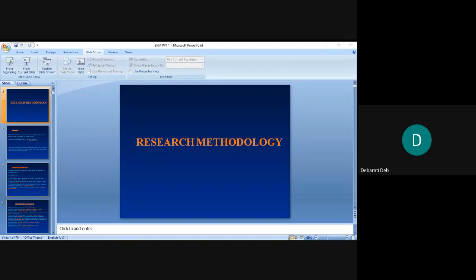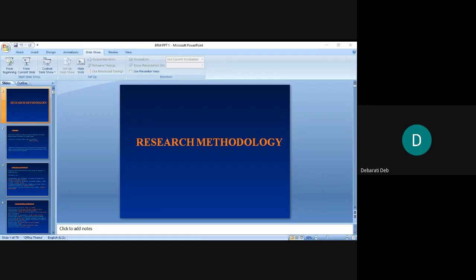So what is research? First we have to understand the meaning of research, and then how the other technicalities of research occur, that we will cover. So what is research? Re and search. If you divide this word research into two parts, there will be re and there will be search, right? So search for what?